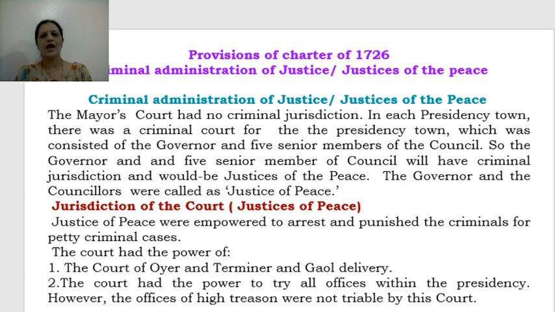So the court had the power of the courts which were in England. Those courts were known as oyer and terminer and gaol delivery. Second, the court had the power to try all offences within the presidency. However, offences of high treason were not triable by this court. Treason means राजद्रोह.